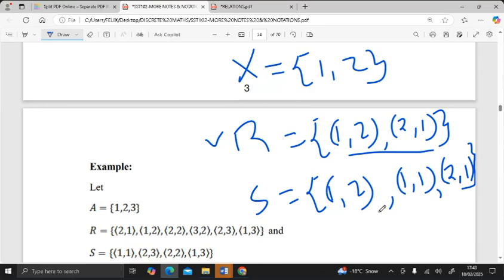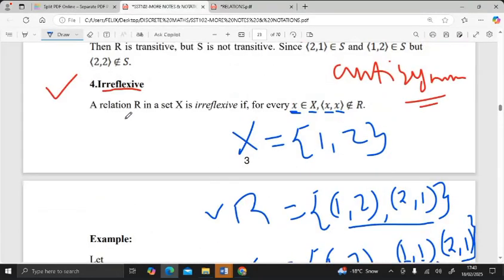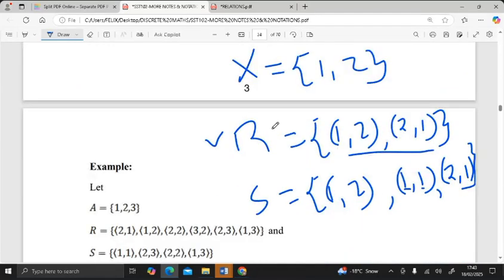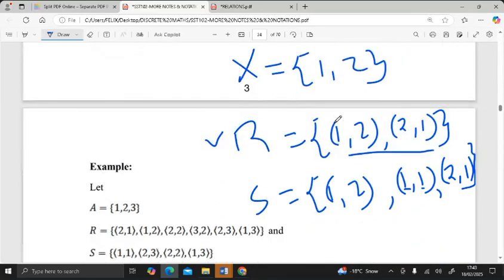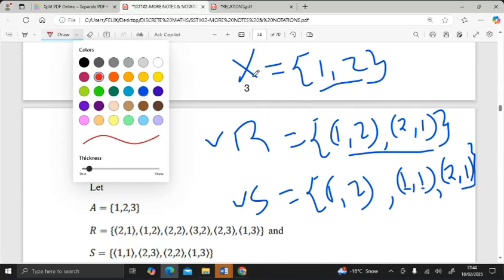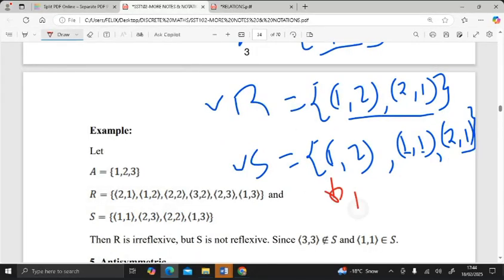But suppose we have, as this relation, (1,2), and then (1,1), and then (2,1), using the curly brackets. This one is not an anti-reflexive relation because there is an element that is related to itself. So it is not irreflexive. For irreflexive, there is no single element that is related to itself.